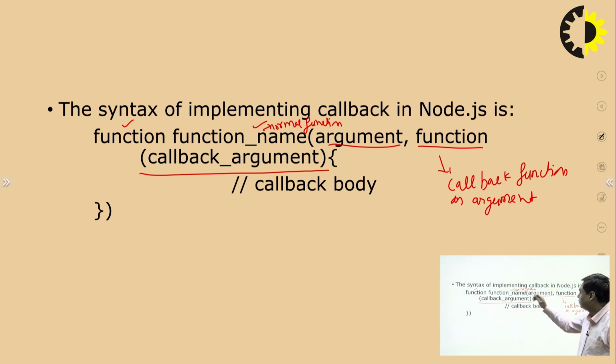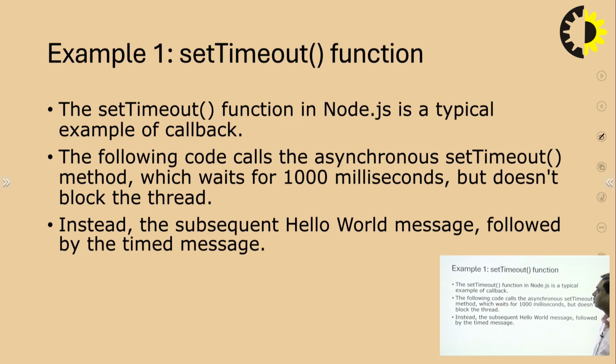It is the argument of this normal function. Then comma, as a second argument we are passing another function. Basically this other function is a callback function, and to this function we can also pass some arguments. So you can say function, and again we have a function as an argument to the normal function. So the function which is going as an argument is called the callback function.